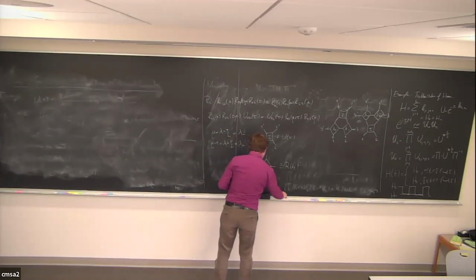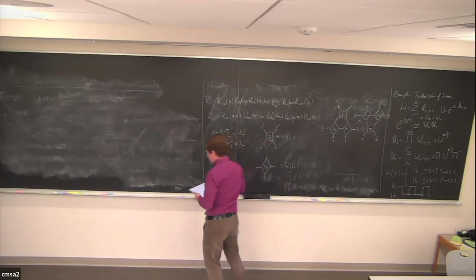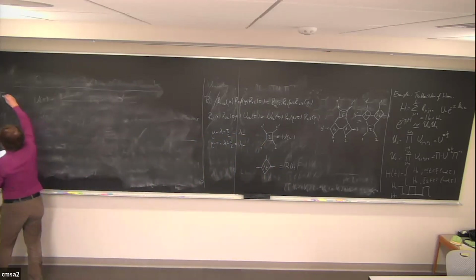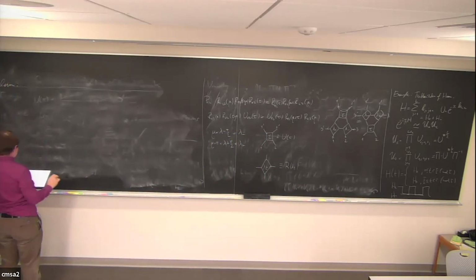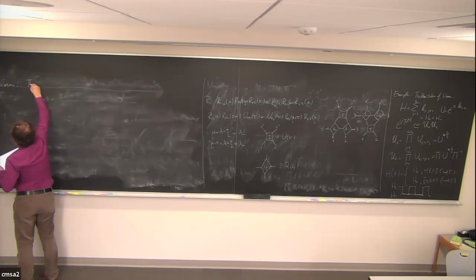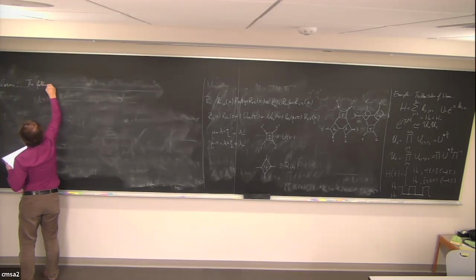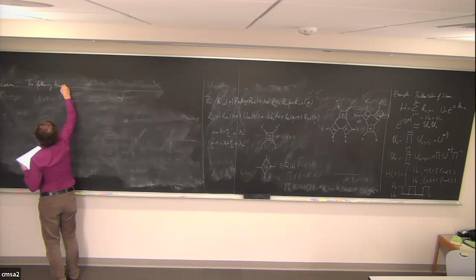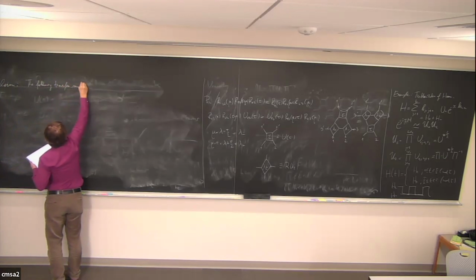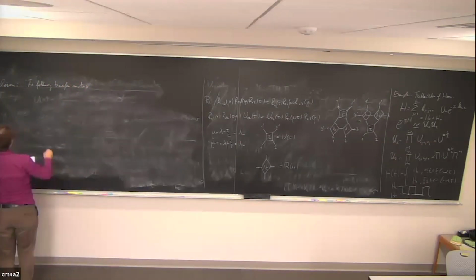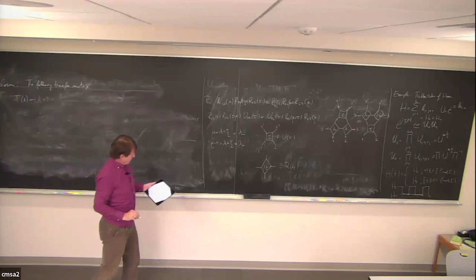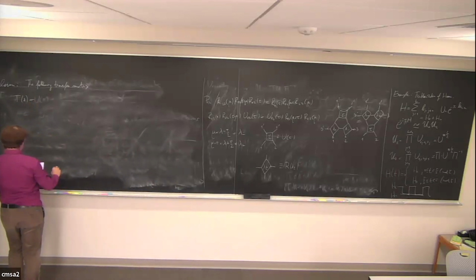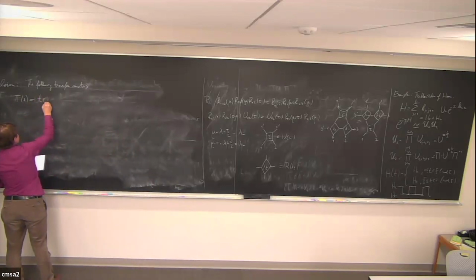Okay, now we can immediately make a claim: the following transfer matrix. How do we build a transfer matrix? We build a map over the many-body Hilbert space. It should be a trace over the auxiliary space.